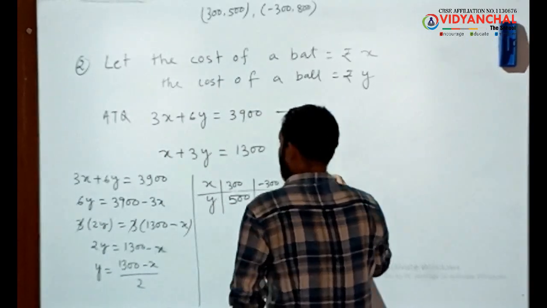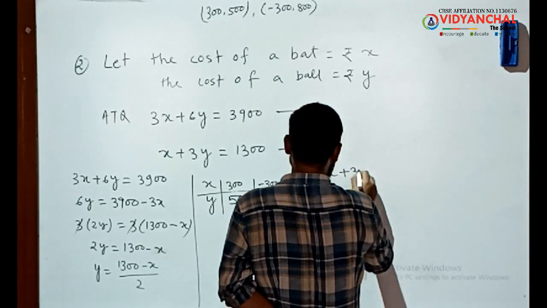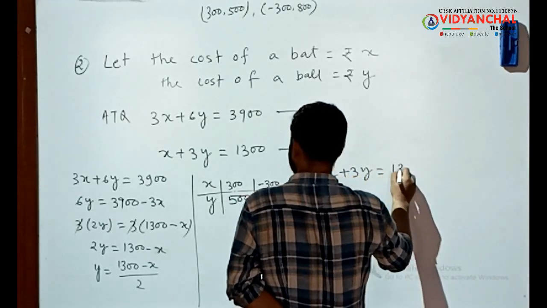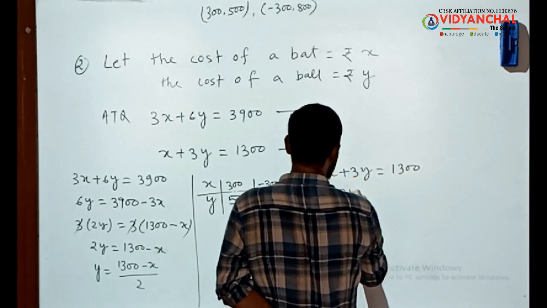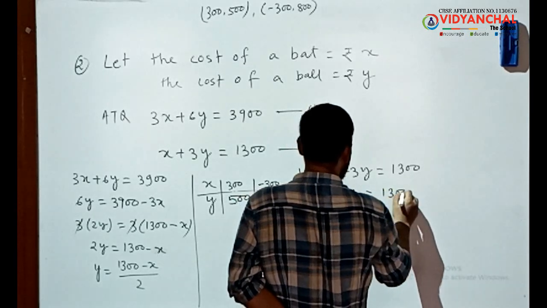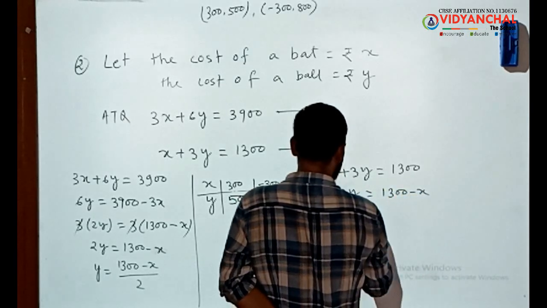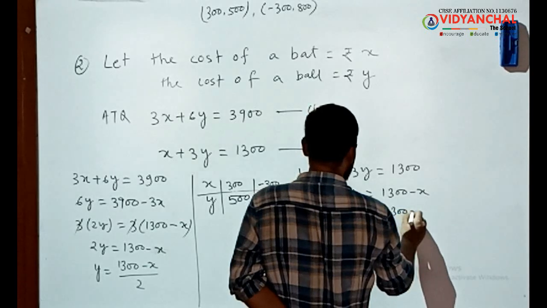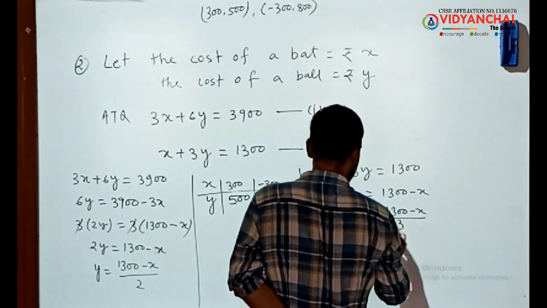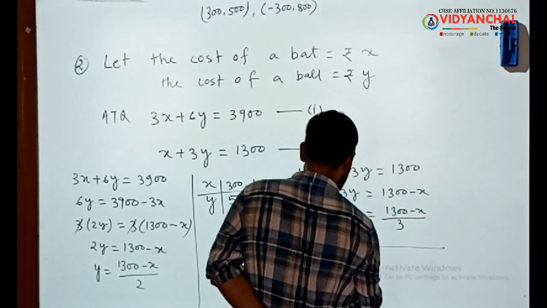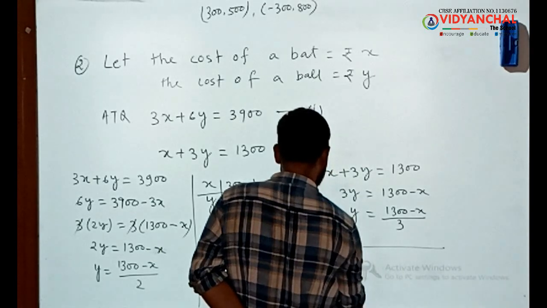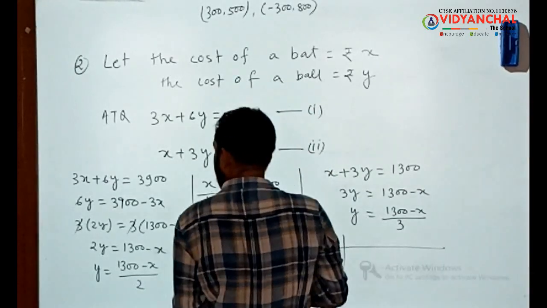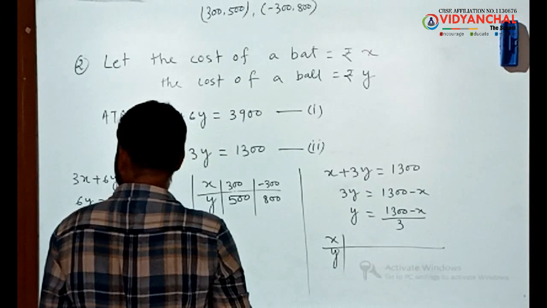Now the second equation, what it is saying, x plus 3y equal to 1300. So 3y equal to 1300 minus x. So y equal to (1300 minus x) upon 3. Now we have to find the set of coordinates, right?